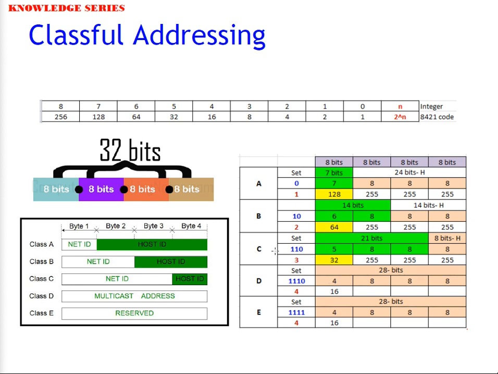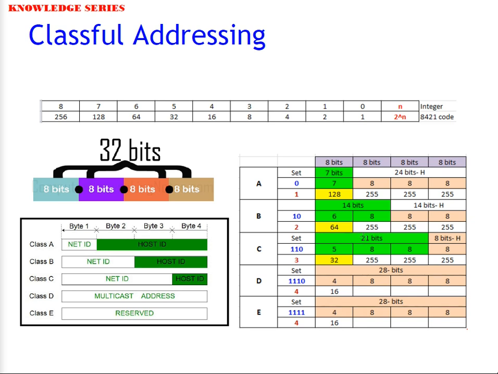Now coming to class C. If you try to see, what is the size? It is 3 bytes, that means it is 24 bits. 8 into 3, 24. Out of this 24 bits, 3 bits are taken aside for classifying class C, and the remaining bits are here. 24 minus 3 is 21 bits.